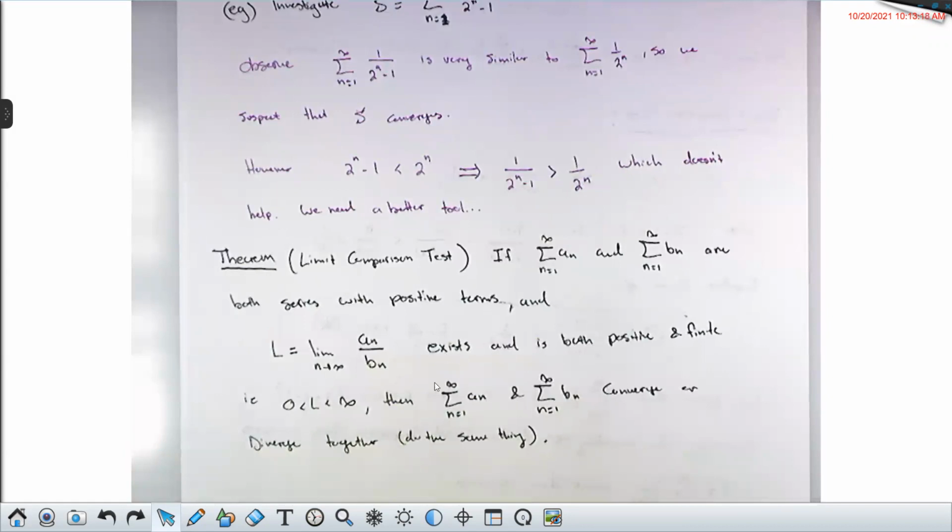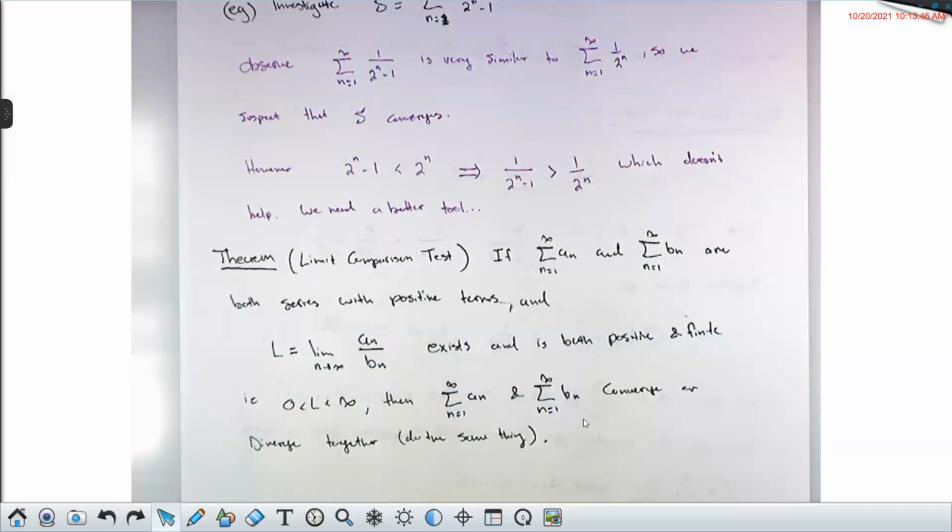And what I want to do is look a little bit at what this means. What does it mean to say that the limit of an over bn is some positive finite number? How does that connect these two series to one another? I want to be very clear that the limit comparison test does not tell you whether your series converges or diverges right away.